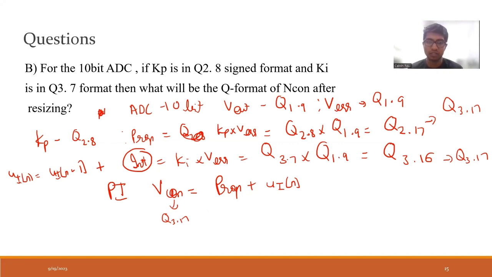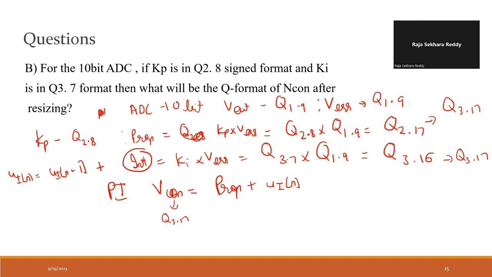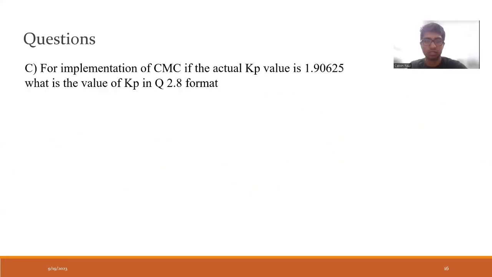Any queries in this? So let us go to the next thing. Now, KPA is in the form Q2.8 and its value is 1.90625. How will you get it in signed format?